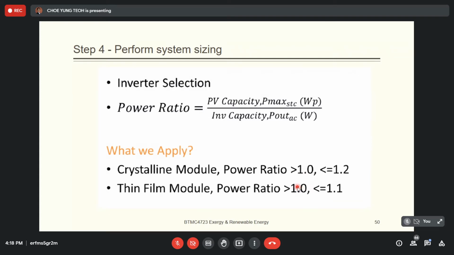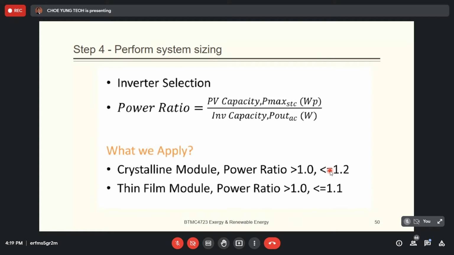If your concern is better power output, then you should choose close to 1, to make sure that all the power from the solar photovoltaic system can be converted to AC. But if you just want a smaller inverter, to make the system more cost effective in general, then maybe you can choose closer to 1.2.